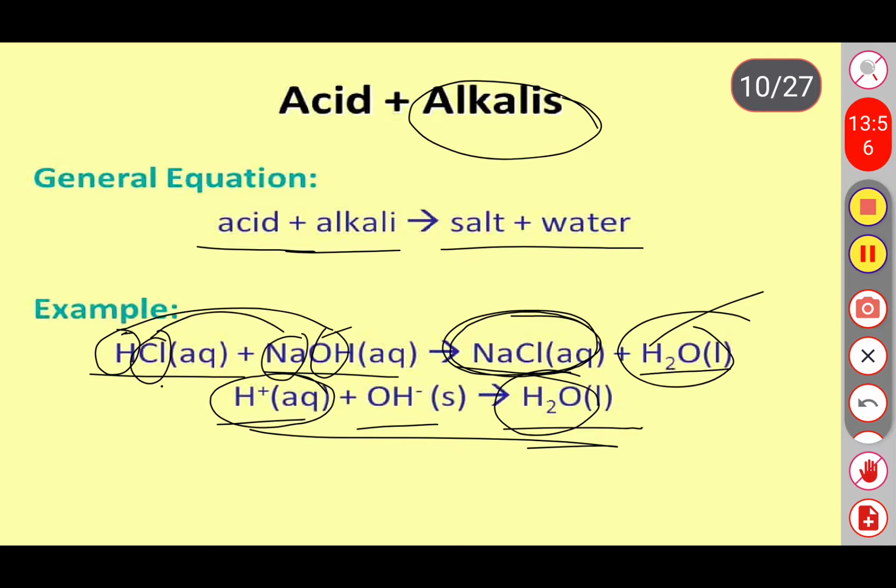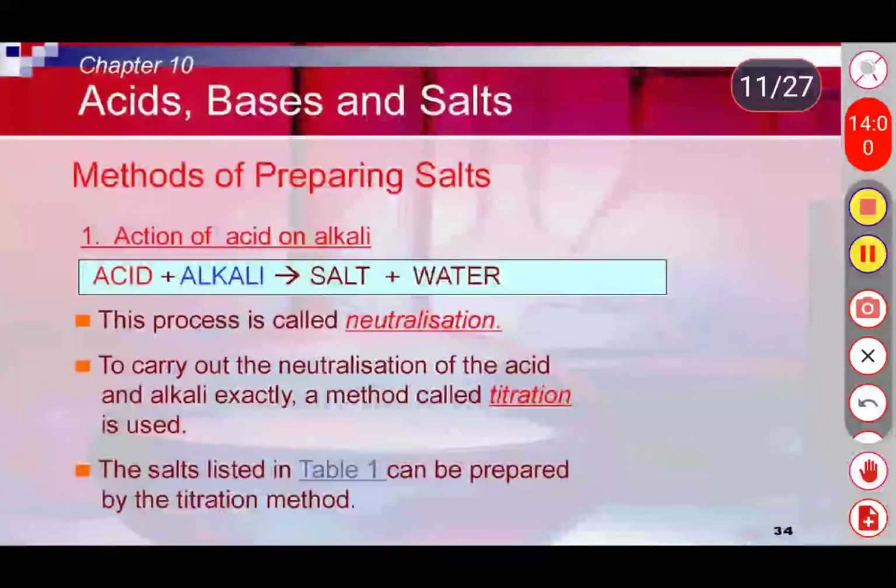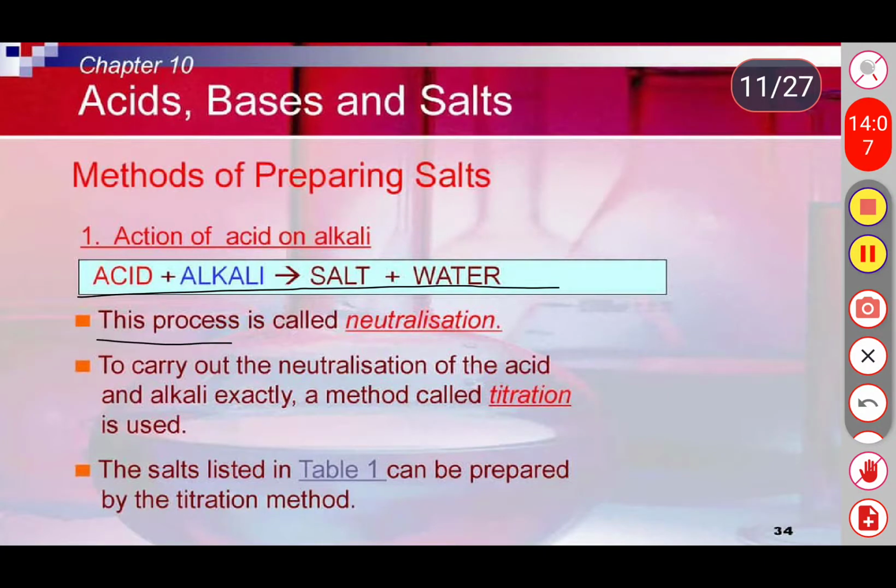Next one, same type of reaction. This is also when acid is combined with alkalis, it forms a salt and water. This process is called neutralization. To carry out the neutralization of acid and alkalis, a method called titration is used.